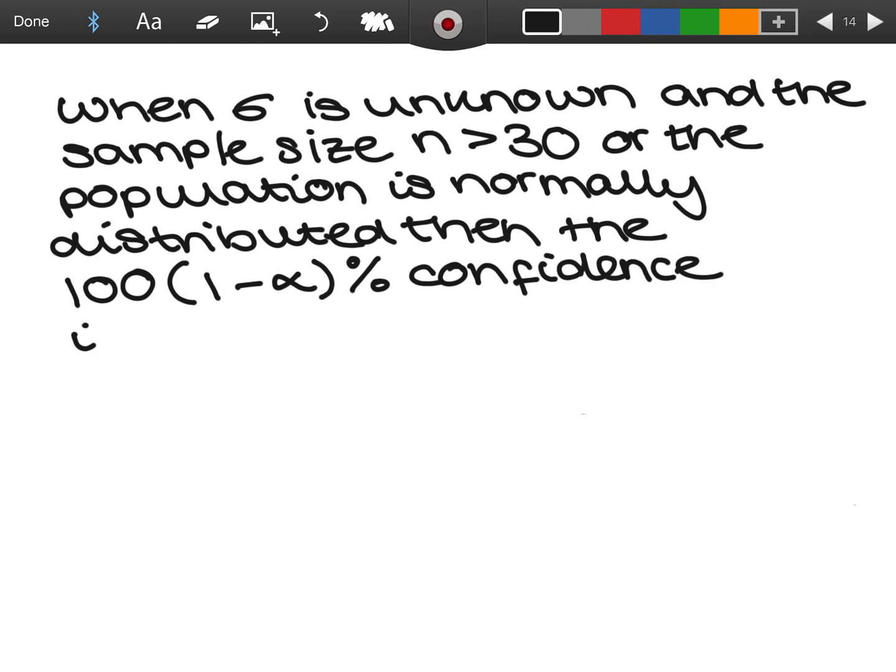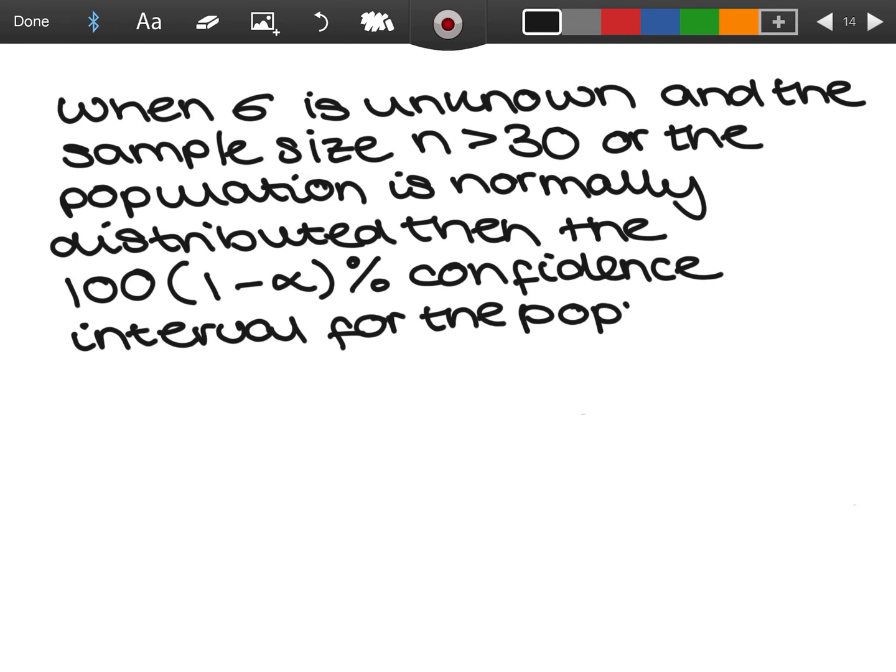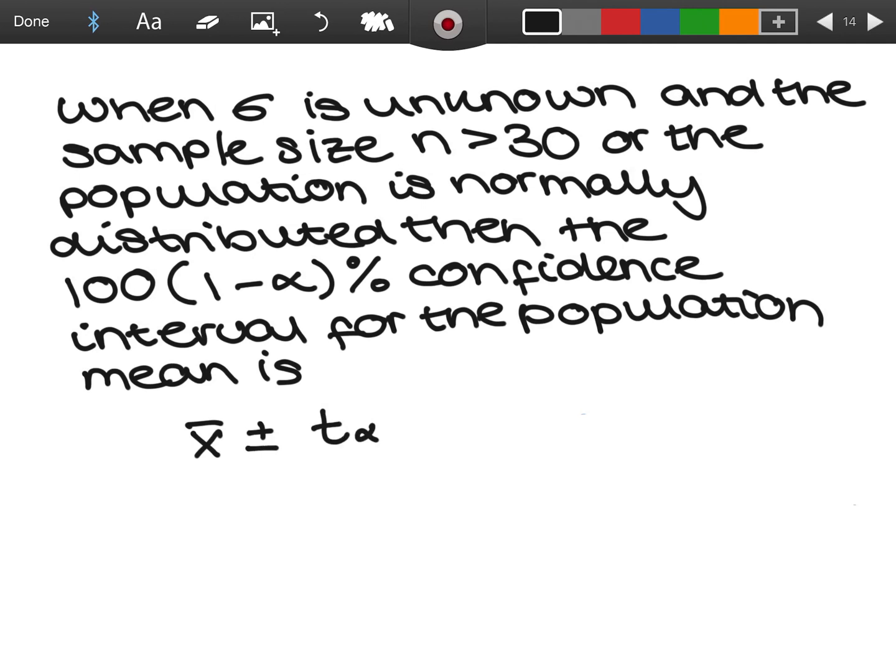If I want this confidence interval, some percent of confidence, that confidence interval for the population mean, so I want to be however confident that the population mean will lie within this interval. Okay, it looks very similar to what we've had before.